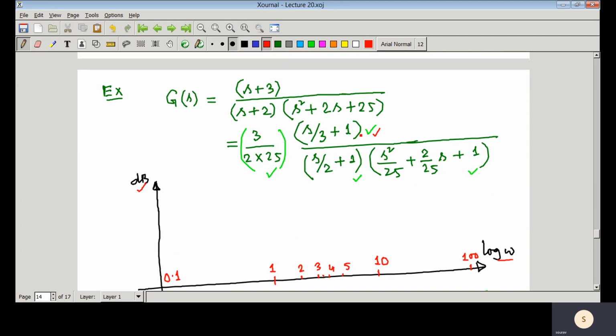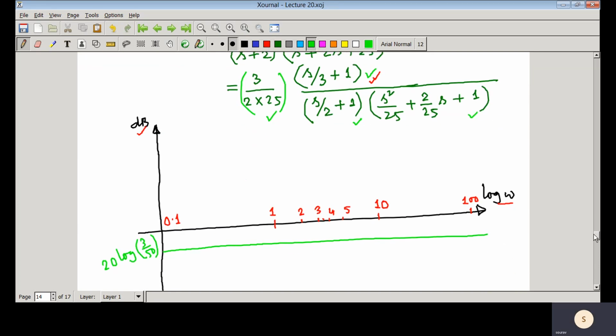For the first term, s by 3 plus 1, the corner frequency is 3. The asymptotic Bode plot is flat up to 3, and as it is in the numerator, the plot would go up like this with a slope of 20 dB per decade. So this is the plot for s by 3 plus 1.